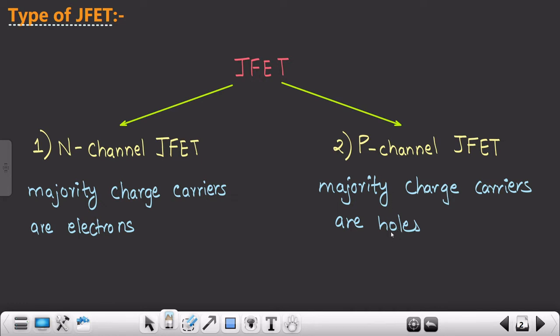This is the basic idea behind the N-channel JFET and the P-channel JFET, although we will brief this idea when we focus on the internal structure and the working of JFET. So let me proceed further.